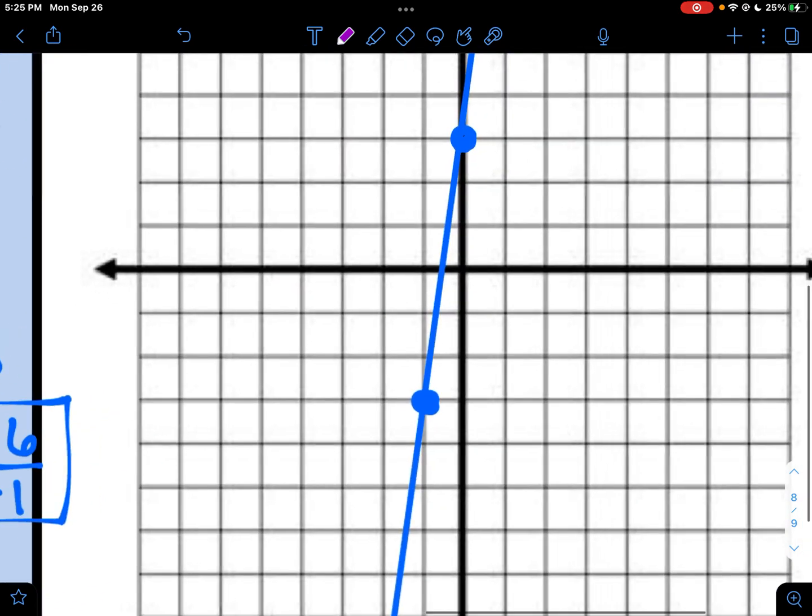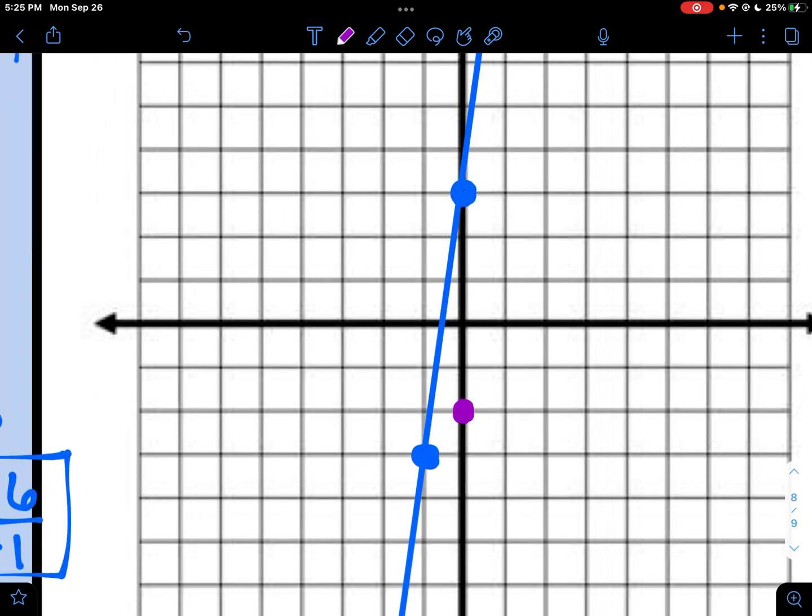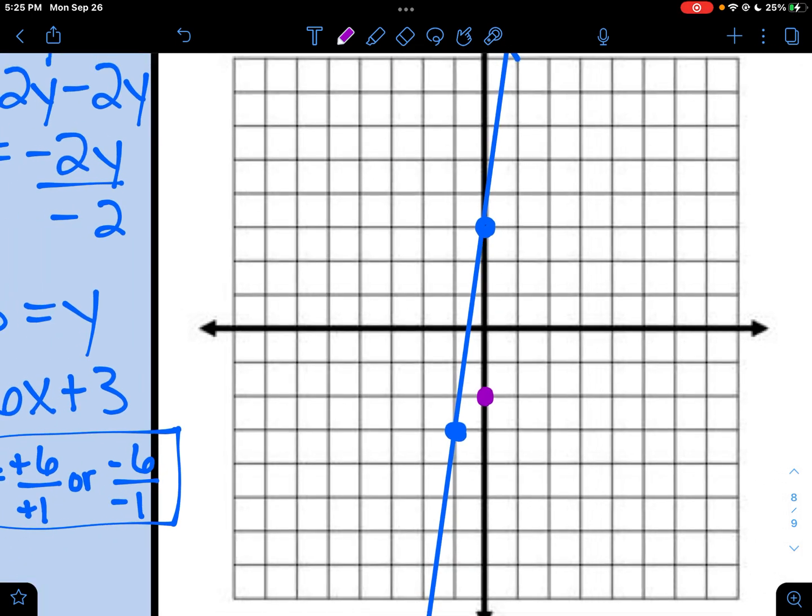And then minus 2, 6x. 1, 2, 3, 4, 5, 6, 1. Oops, that's not right, Shipley. 1, 2, 3, 4, 5, 6, 1.